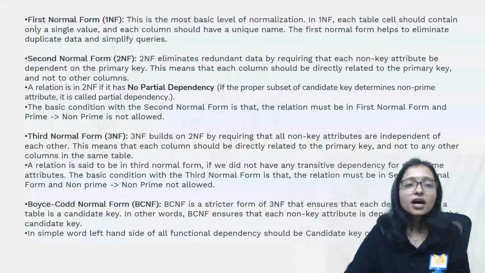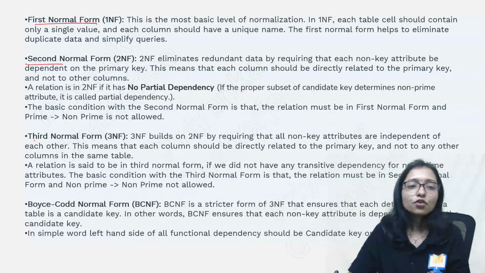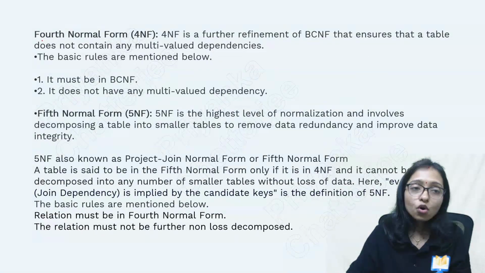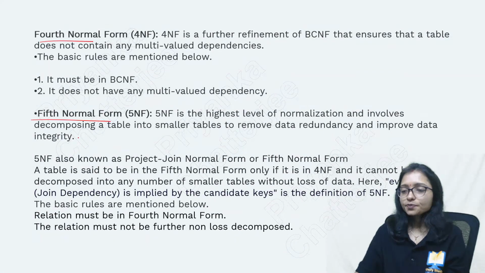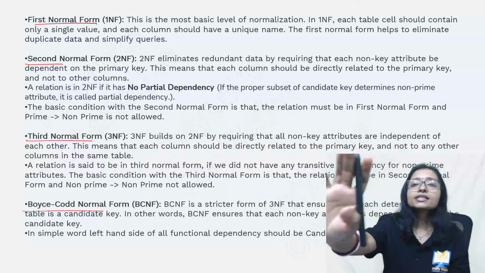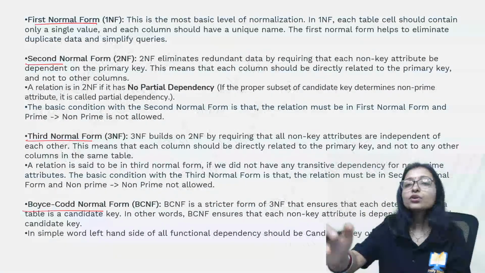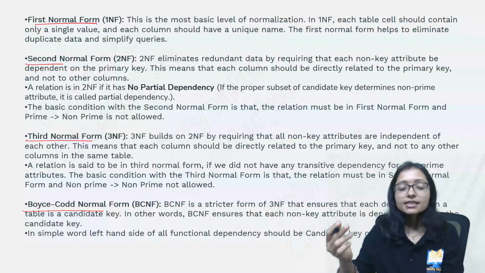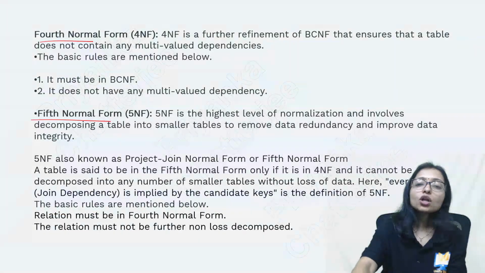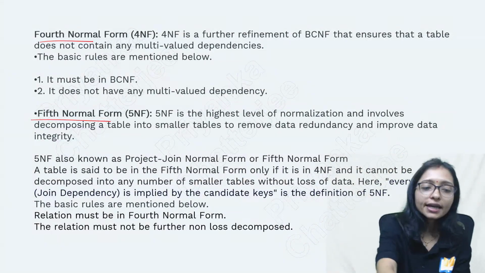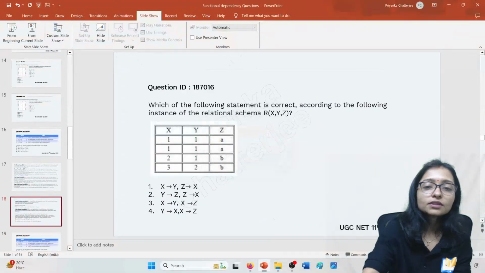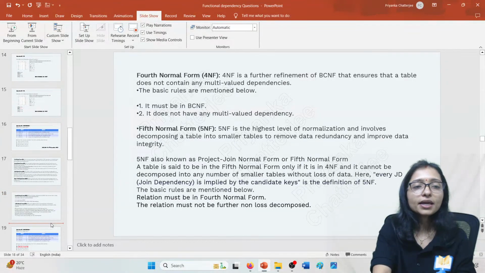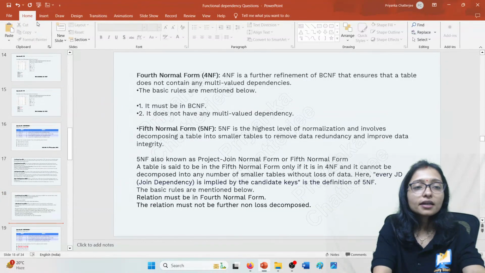Here it is first normal form, second normal form, third normal form, BCNF, 4NF, 5NF. These are the theories. I will just tell the theories first, and after that I will tell you how to identify. Always remember one thing: you always have to take it from the higher order. I am taking an extra page so that I can explain.